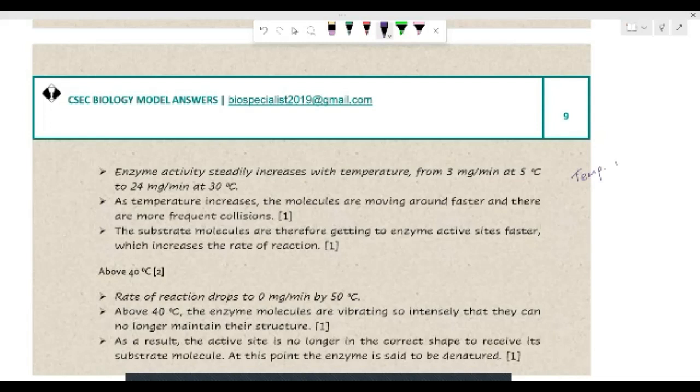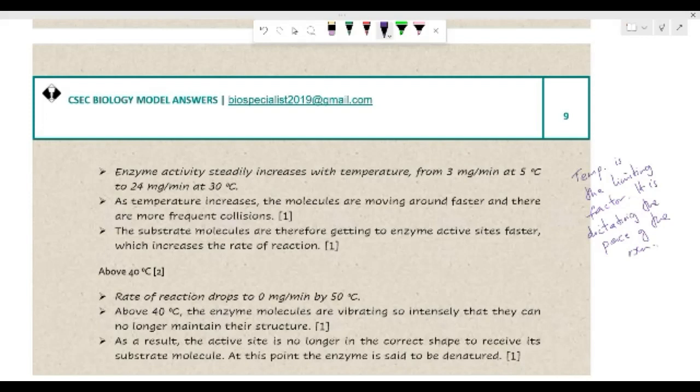So temperature is the limiting factor at this point, right? Okay, it is dictating the pace of the reaction, right? It's determining how fast the reaction is going. So as the temperature increases, enzyme activity also increases. So why is that happening?